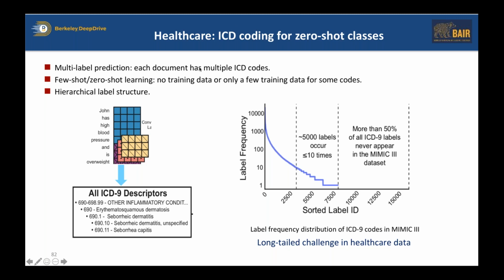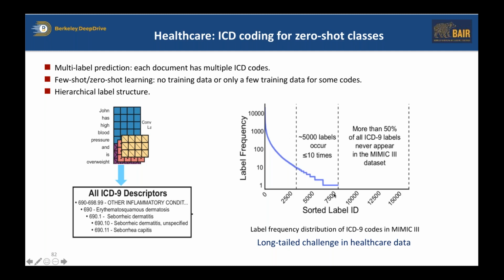For example, in this ICD coding problem, we want to classify each document, which is the record of each patient, into the coding of the disease. Here we have a document for a patient, and we try to classify this document into multiple ICD codes. Each code indicates one disease.